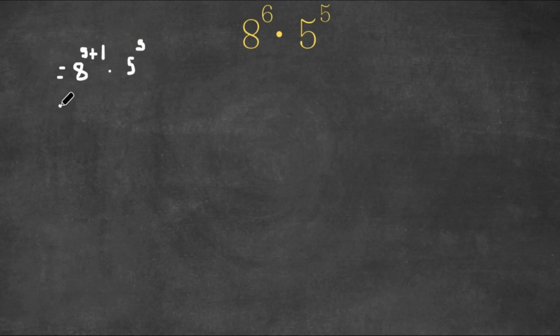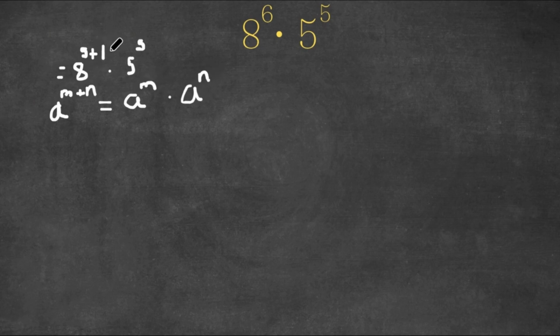Now, if we have an exponent in the form a to the power of m plus n, this is equal to a to the power of m times a to the power of n.